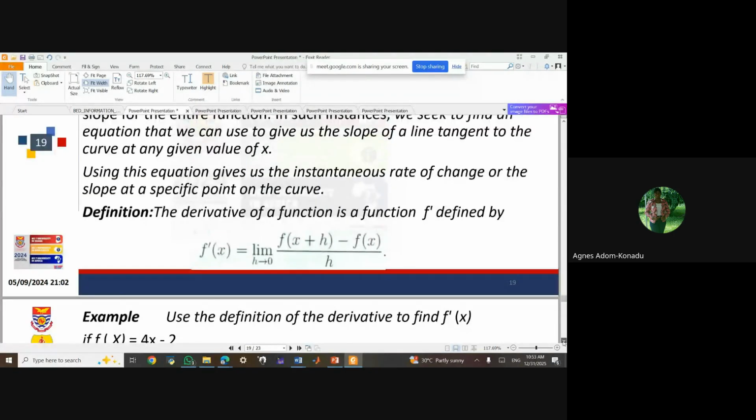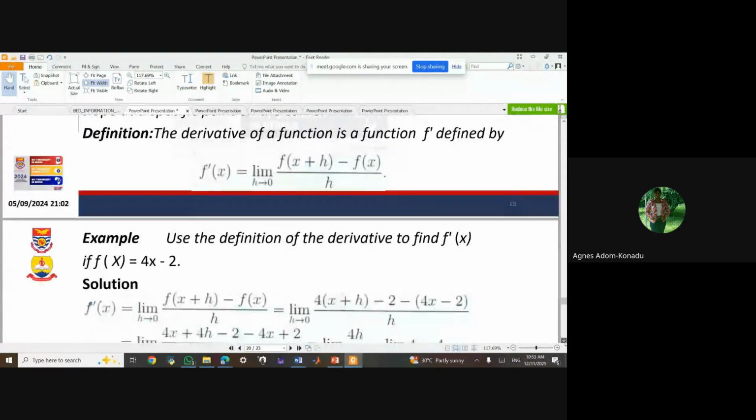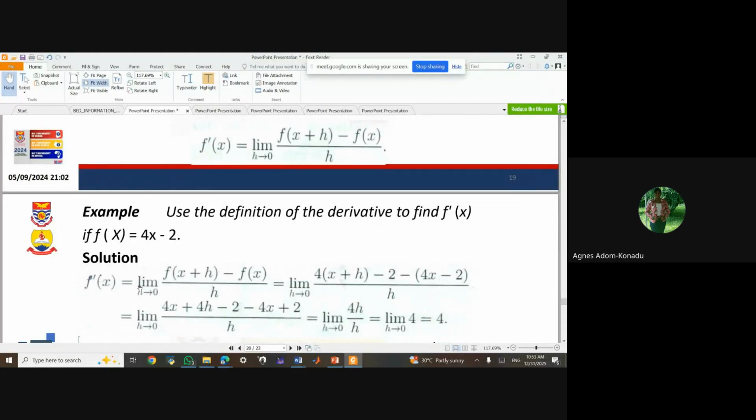So for an example, we are to use the definition of the derivative to find f prime of x if f of x is equal to 4x plus 2. Okay, so this is what we do. My f prime of x is equal to the limit as h approaches 0 of f of x plus h minus f of x over h.